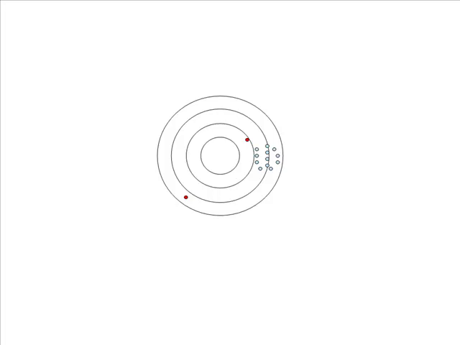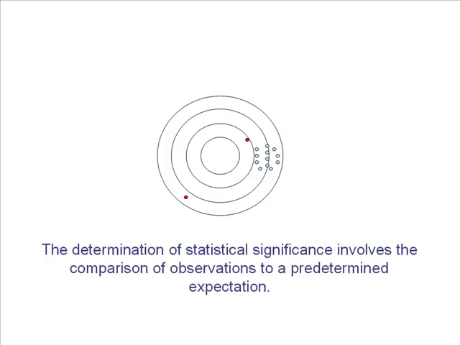So, in simple terms, statistical significance is determined by comparing our observed results or our observed data to some predetermined expectation.